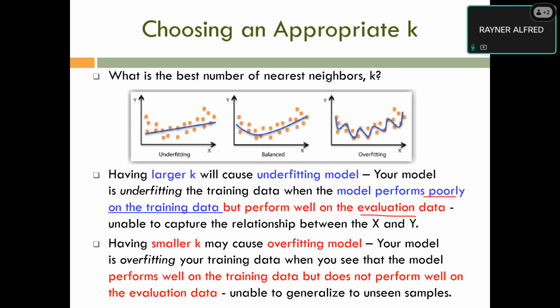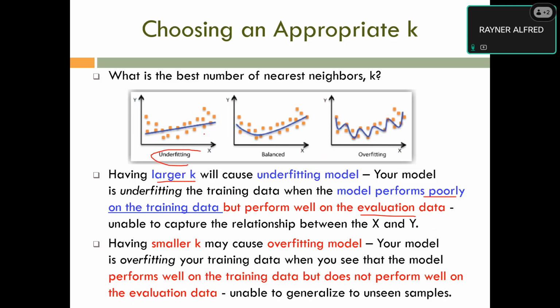Basically, when we have a larger K, we have more nearest neighbors that we need to cover. If you look at this one, this is underfitting. When you have more K, you need to fulfill all of them, so you tend to get a straight line.